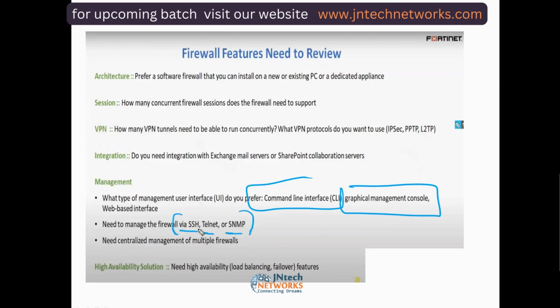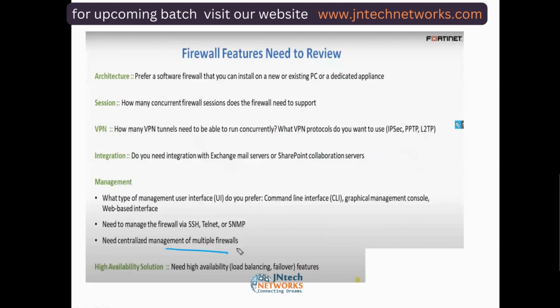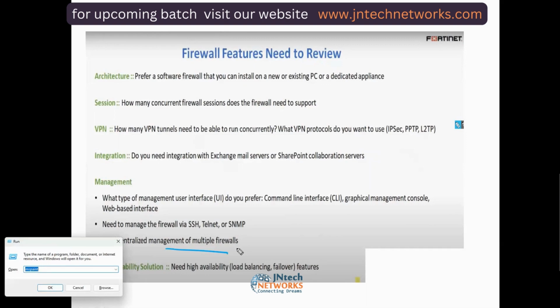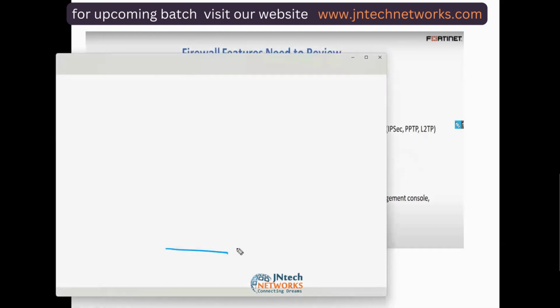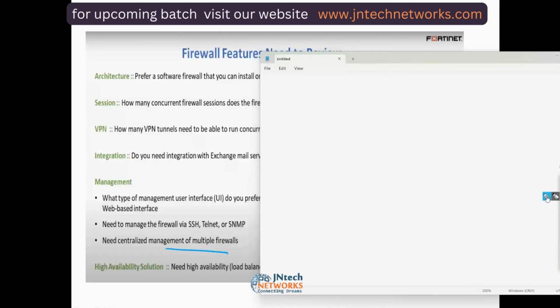If you have multiple firewall devices, for example Cisco FTD, which is a Cisco next generation firewall, then to manage multiple Cisco FTDs we have a centralized appliance called FMC, Firepower Management Center.